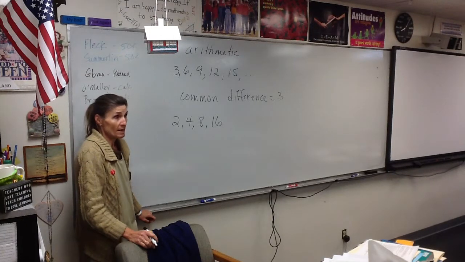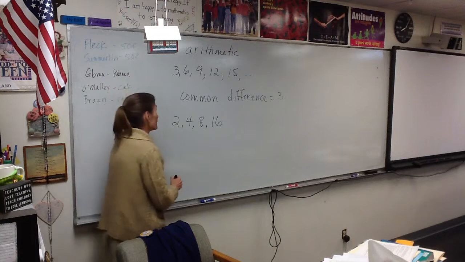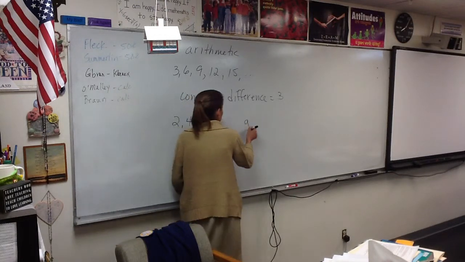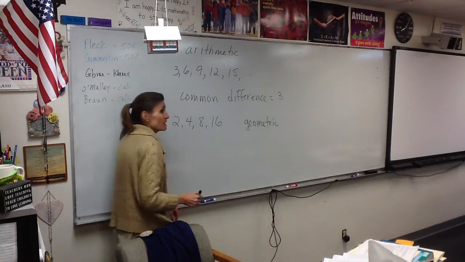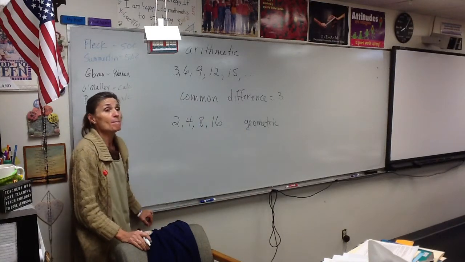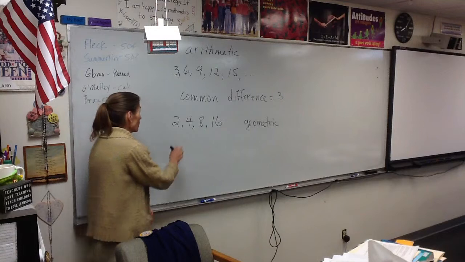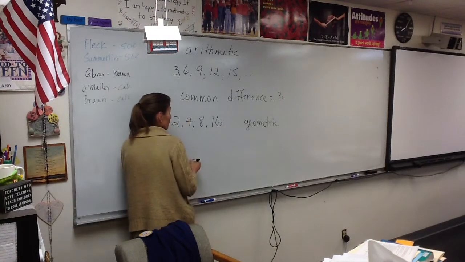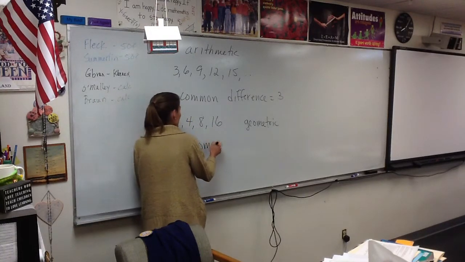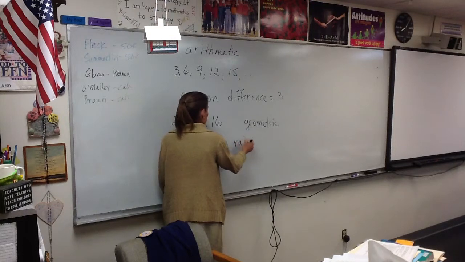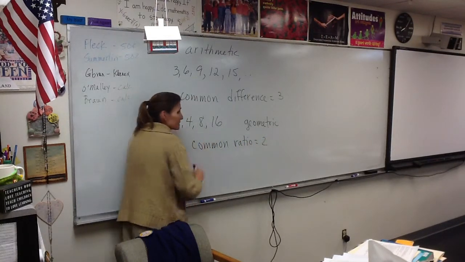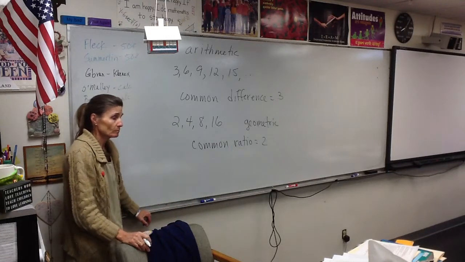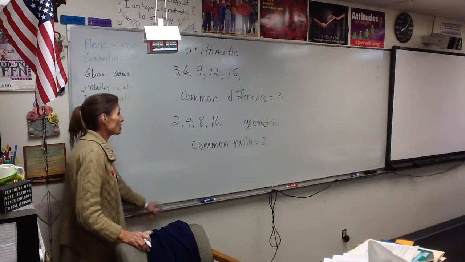Now that's special too, but that's called a geometric sequence because we get from term to term by multiplying. And what are we multiplying by? 2. And that number is called the common ratio because the ratio of terms is common, is the same. All right, so we'll talk about that in a minute.